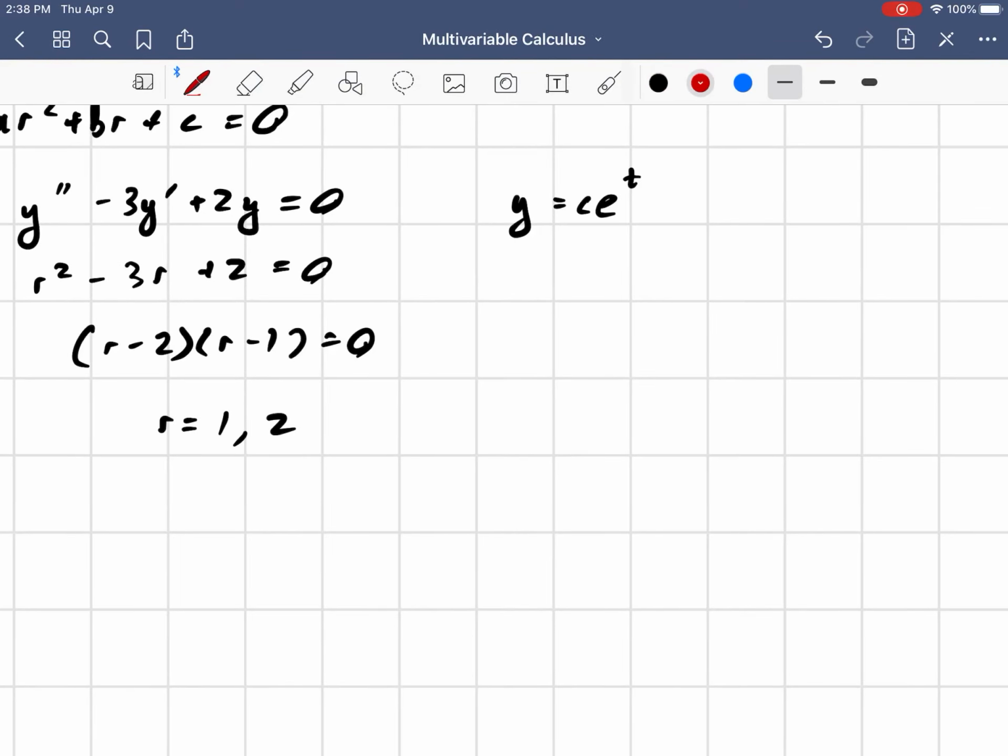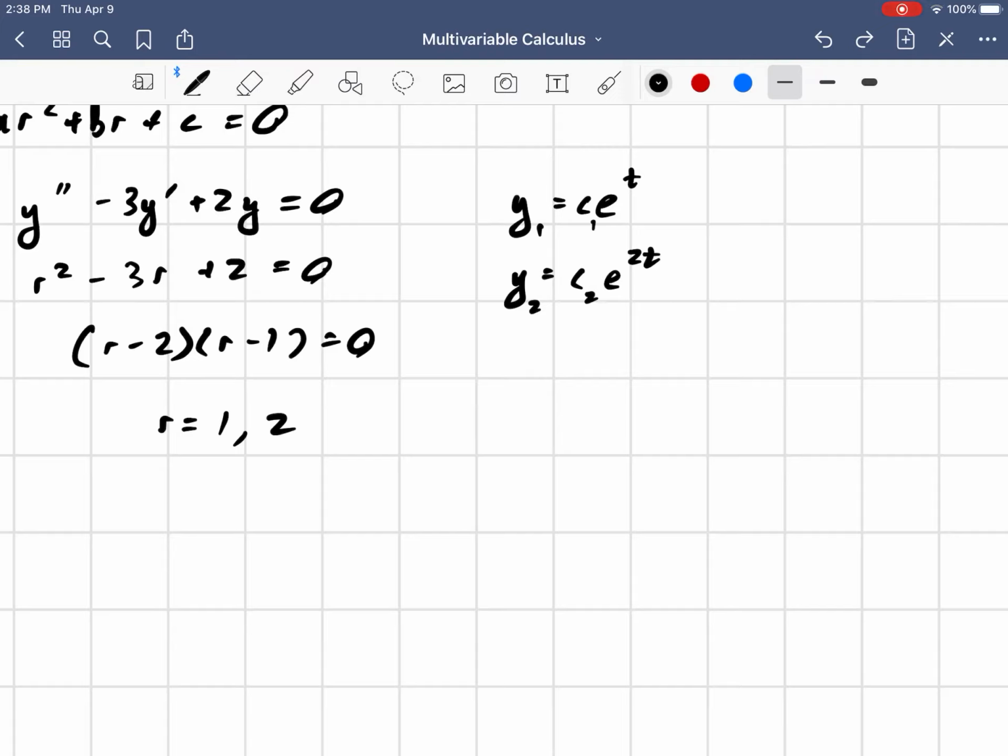Same logic as up here, where I put the c there. c e to the t, and it's the 1t because of this 1 here. We could also have y equals, we'll call these y sub 1, y sub 2, call it c sub 1, c sub 2, e to the 2t from this 2.